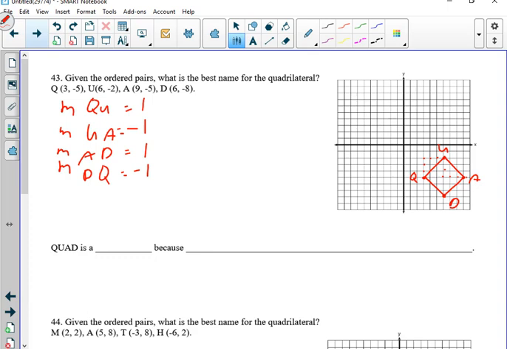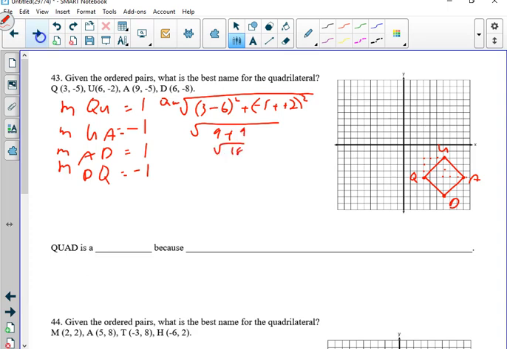And now I just need to find the length of the sides. So if I do distance of QU, that's going to be 3 minus 6 squared plus negative 5 minus negative 2 squared. That's going to be negative 3 squared is 9 plus negative 3 squared, 9. That is the square root of 18.